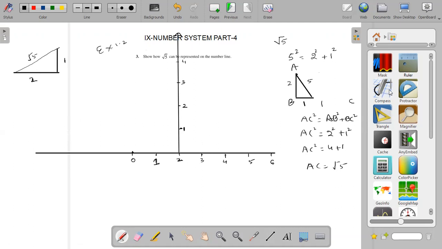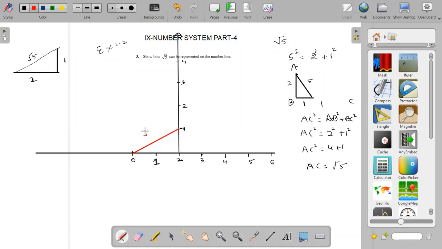So what we will do, we will put the compass here at O, because O to A, if you join O to A, is 0 to 1. We can give the names A, B, C. Yes, this is under root 5.